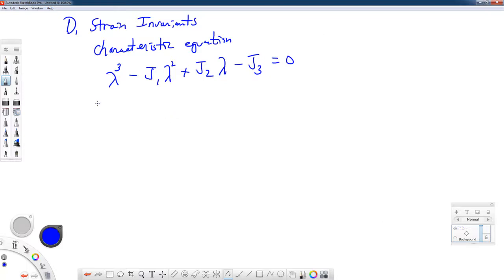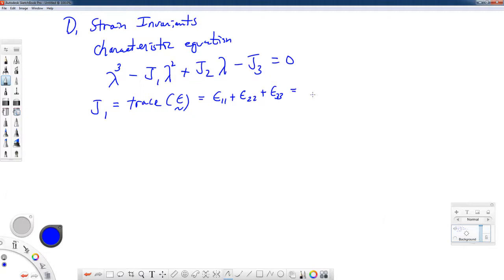Okay, so I'm going to define these now. J1 is the trace of the strain tensor. The trace is the sum of the diagonal terms. In any coordinate system, we can add the 3 diagonal components.